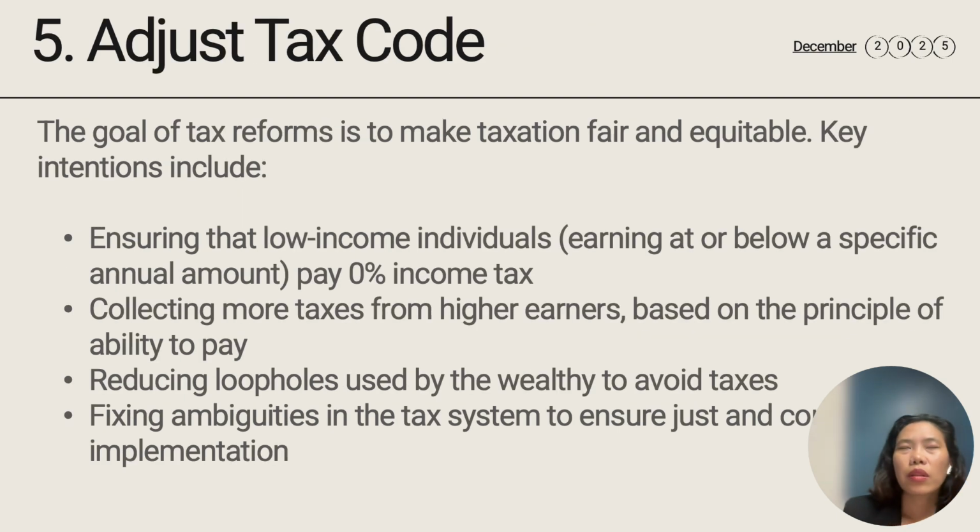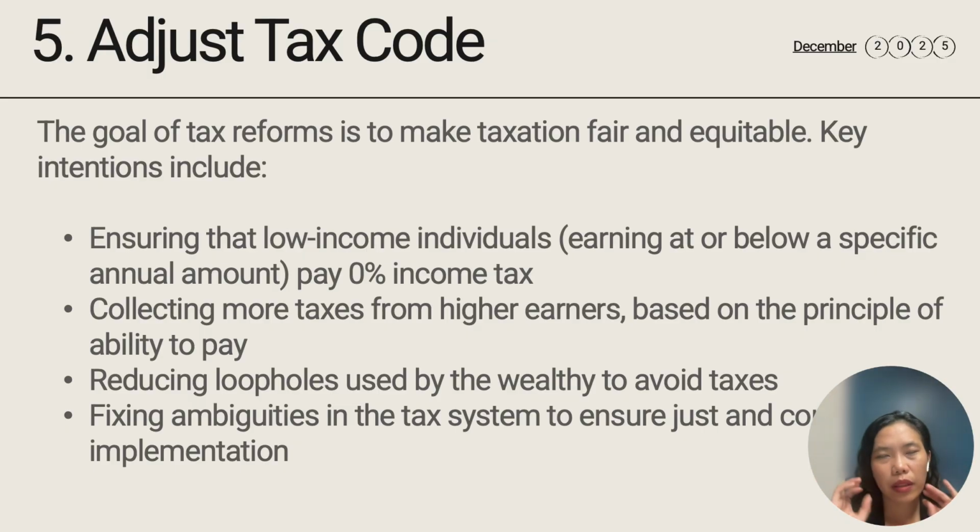So a just tax code. So when ex-president Rodrigo Duterte assumed the office, no, we have the TRAIN law or the revised TRAIN law. So the goal of the tax reforms is to make taxation fair and equitable. So the key intention is to ensure that low-income individuals pay zero income tax.